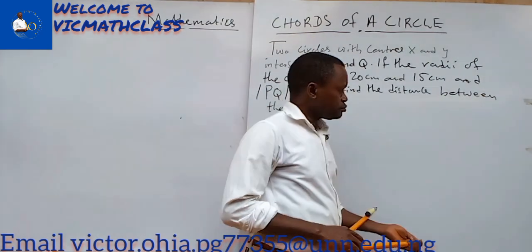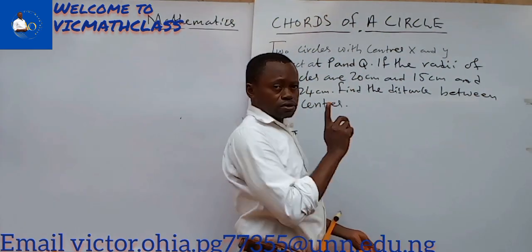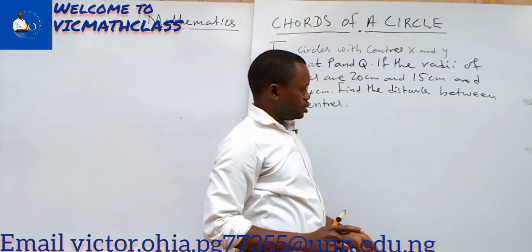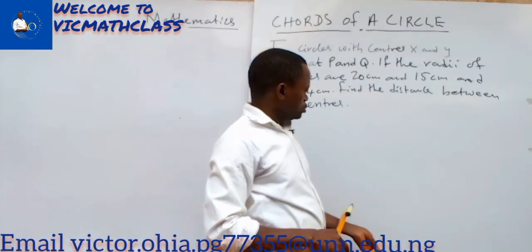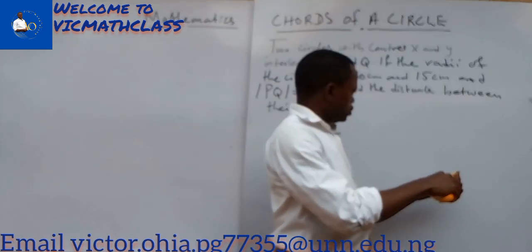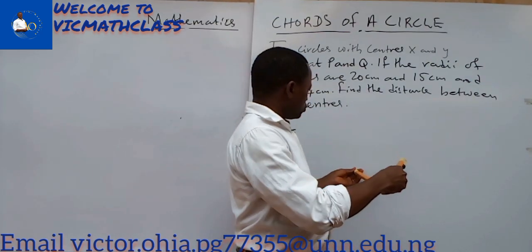Now remember, before I do this, that one of these circles is bigger than the other, because this one is 20 cm and this one is 15 cm. I need you to take that into cognizance. So obviously we are going to have a small circle.